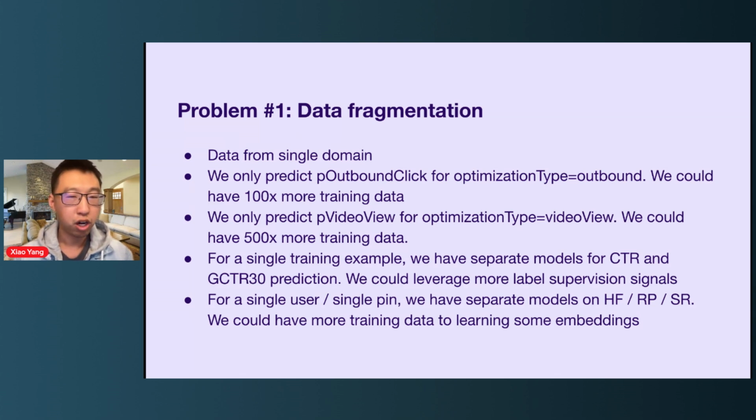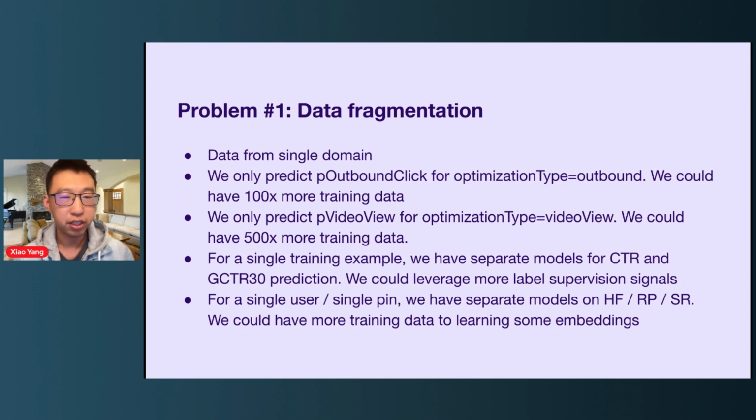For example, if we want to predict the outbound click-through rate, in the past in our retrieval ranking models, we only used the training examples from the outbound click ads. We could have 100x more training data if we include all kinds of eligible ads. Similarly for video predictions, we could have 500x more training examples in terms of volume.